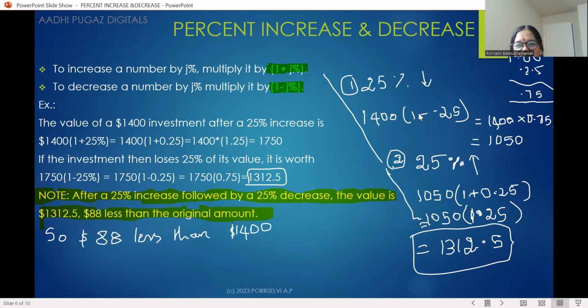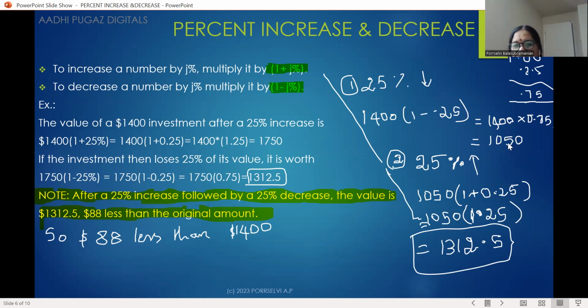So first the value decreased 25%, I calculate that value, then 25% increased with this value, so finally I got 1312.5. So I got the same value, same amount. So I used this 1400, I reduced it by 25%, then I got one value.